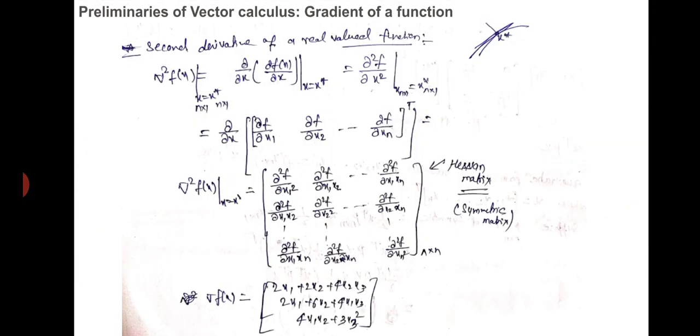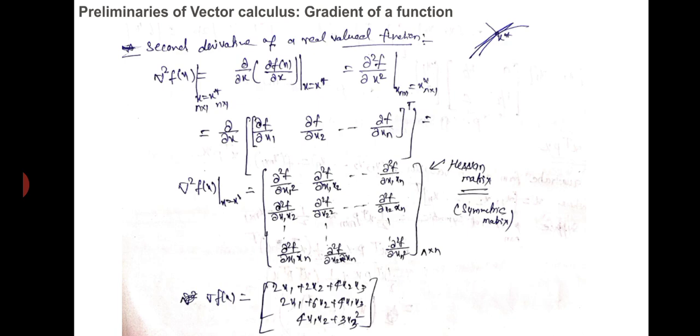Now come to the Hessian matrix. After the gradient of the function, we will now try to calculate the second derivative of the function. You have already learned the concept of maxima and minima in the 10th or 12th class. How do we find the maxima or minima?